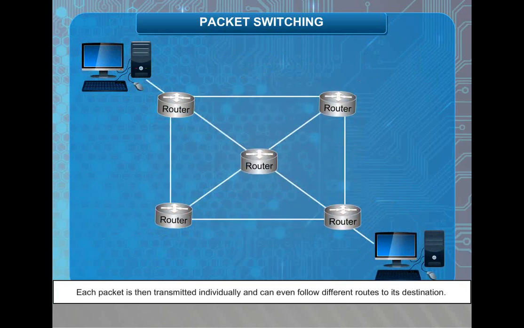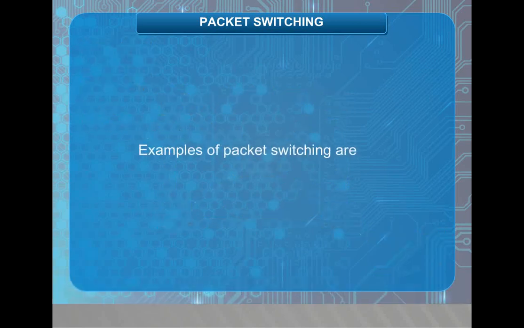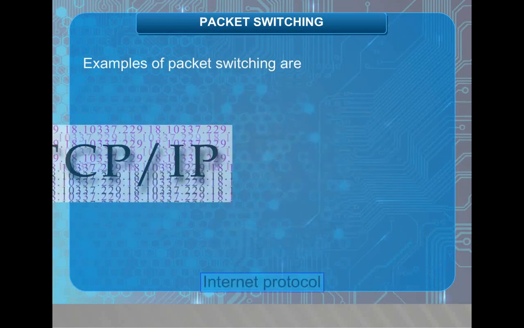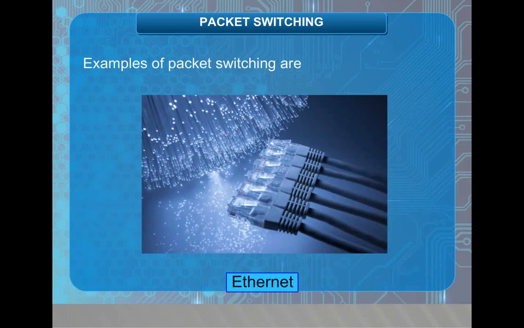Each packet is then transmitted individually and can even follow different routes to its destination. Speed can range from 56 kbps to T3, that is 45 Mbps. Examples of packet switching are frame relay, Internet Protocol, Ethernet.